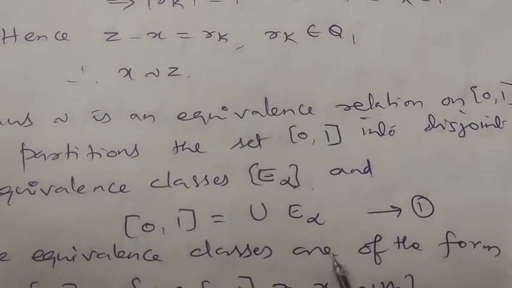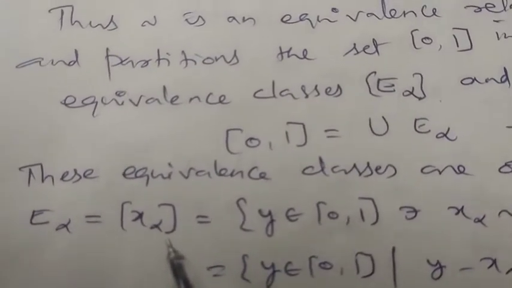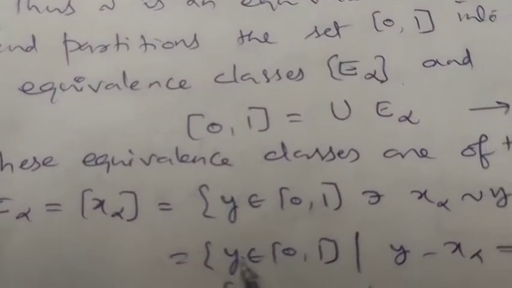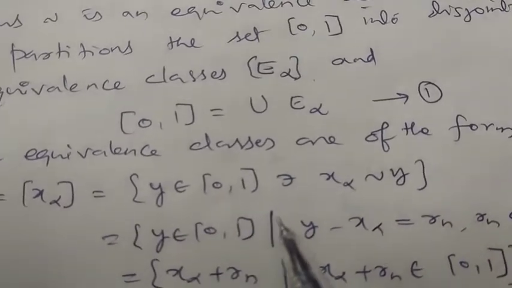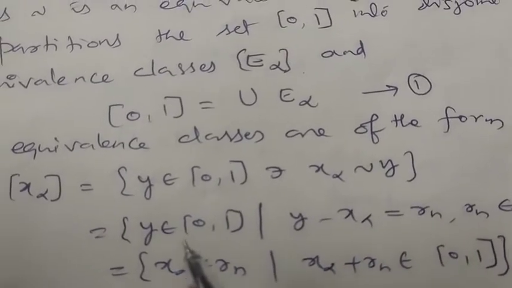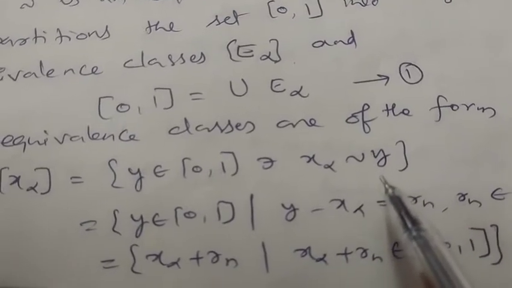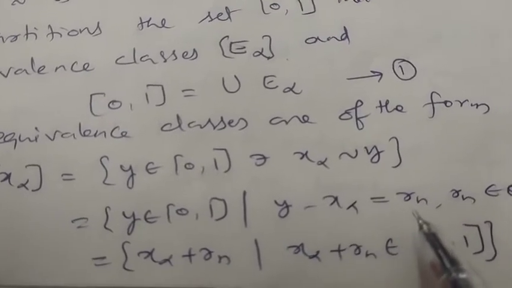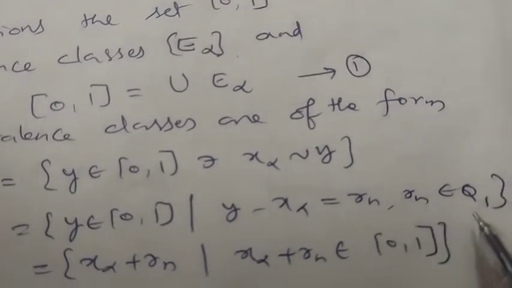Now how do these equivalence classes look? The equivalence class E alpha is generated by the element x alpha. So it contains the set of all y belonging to [0, 1] such that x alpha is related to y, which means y minus x alpha is contained in Q1, that is, a rational Rn belonging to Q1.